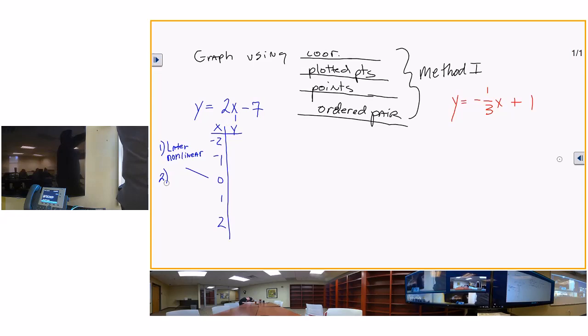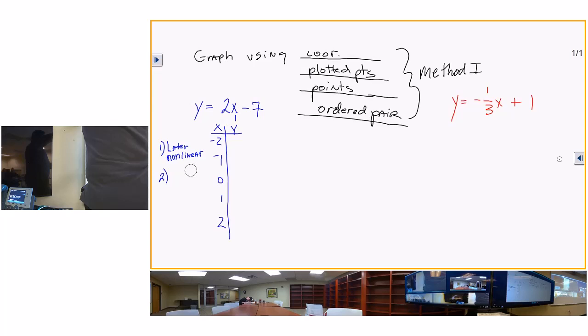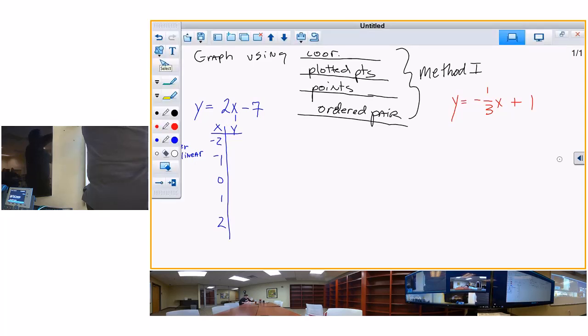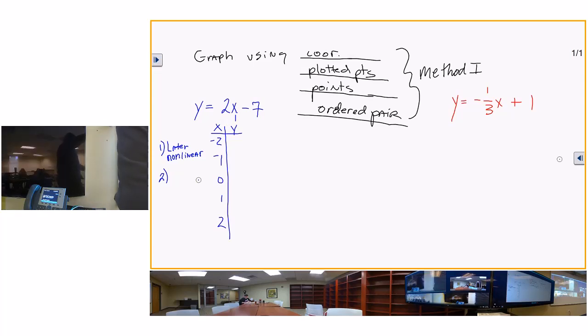The second reason I use 5 points: how many points make up a line? 2. How many of those 2 do you have to mess up and get it wrong? 1. So wouldn't it be better to have a few as reinforcements? I know I live in a society where we don't want to raise the bar, but if you have 5 points, you're not going to mess up 5 points unless you totally have no idea what you're doing. So if you make one mathematical error, the other 3 will be there to back up your error.